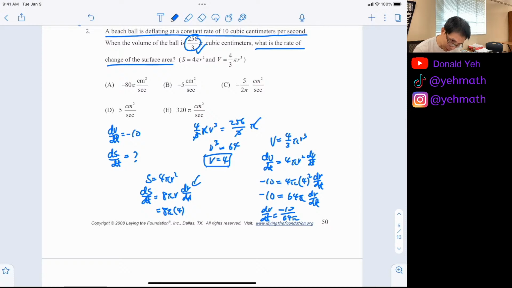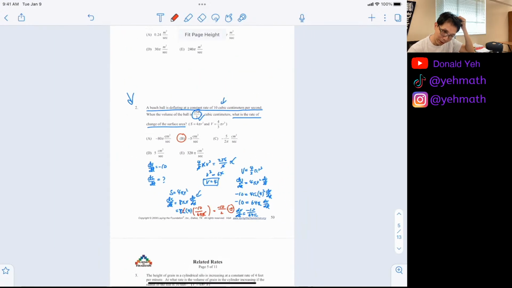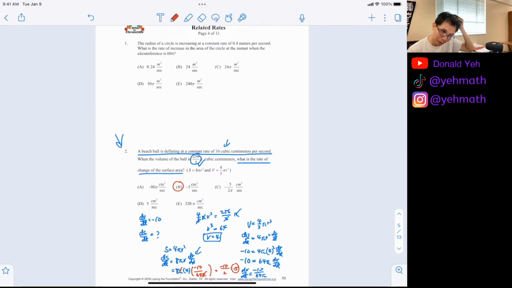So you're going to substitute that in here, which is -10 over 64 pi, and the pi cancels out. You'll be left with -10 over 2, which is equal to -5. So you guys have the right answer. Good job. I thought that was actually kind of hard because you need to deal with 2 layers.